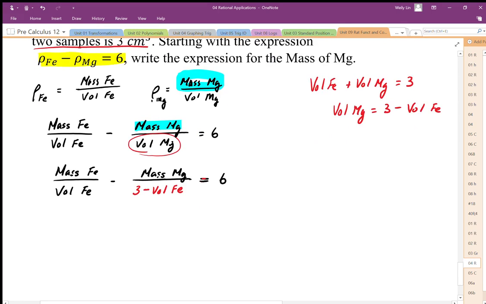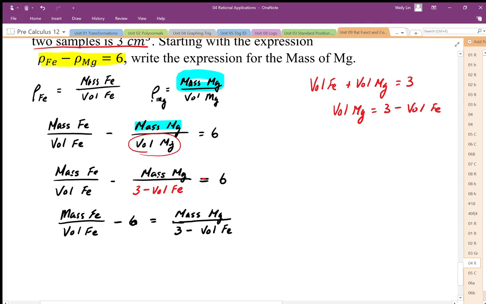So I'm just going to do some algebra now. So I'm going to get the magnesium on the other side of the equation and subtract 6 from both sides. So that negative mass, I'm going to write it as mass magnesium divided by 3 minus the volume of iron.